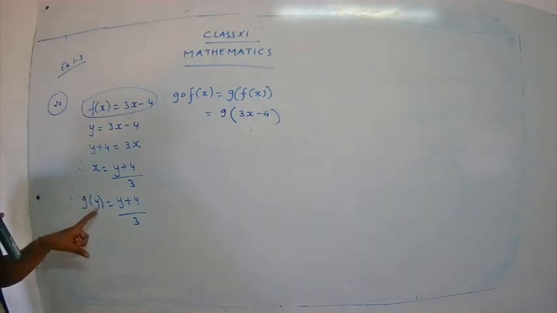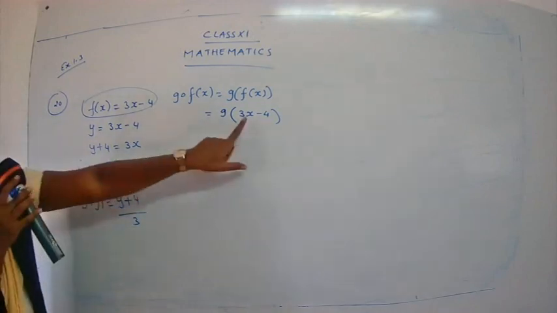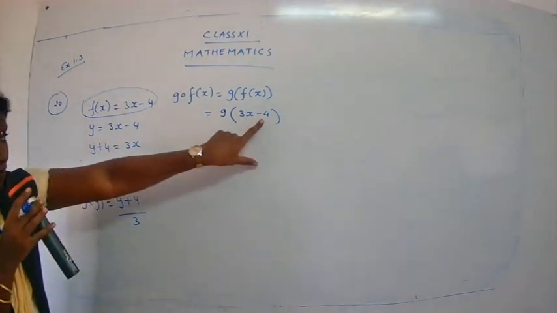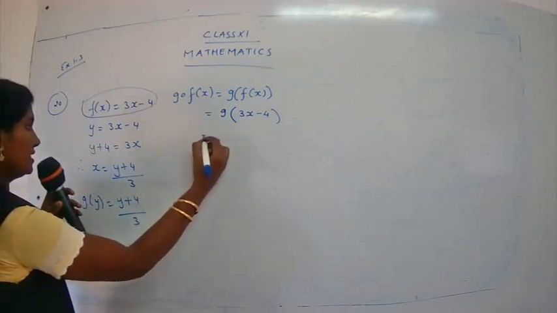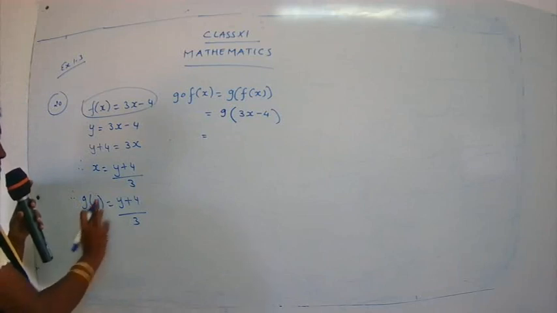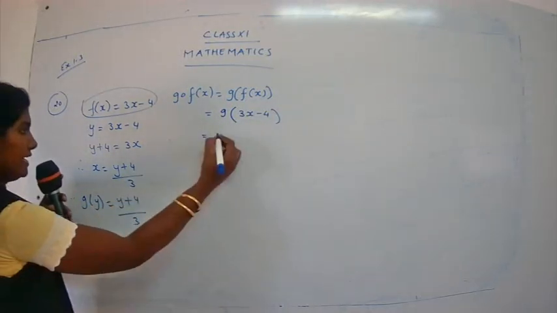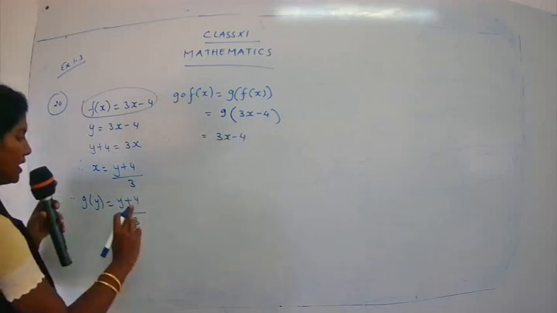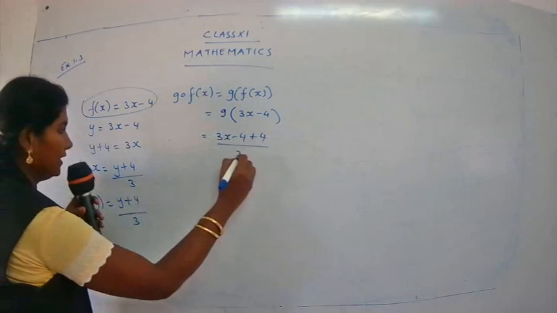So now what are we doing? We are going to replace y with 3x minus 4. Wherever you have y, that will be replaced by 3x minus 4. So this is equal to (3x minus 4 plus 4) upon 3.